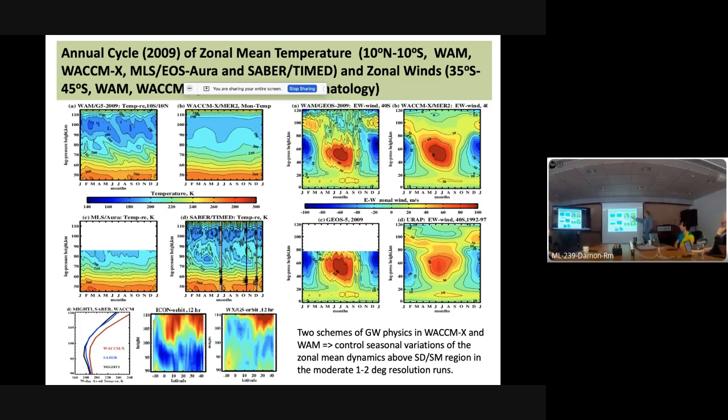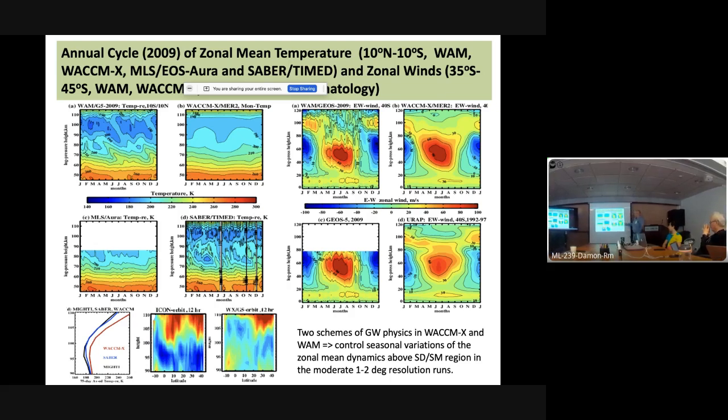I would say these two models, of course, use two different gravity wave parameterizations, but I think we need to somehow, in VacuumX especially, fix these biases and reproduce something like the Europe reference atmosphere, which we use many times for comparison of our zonal mean environment.